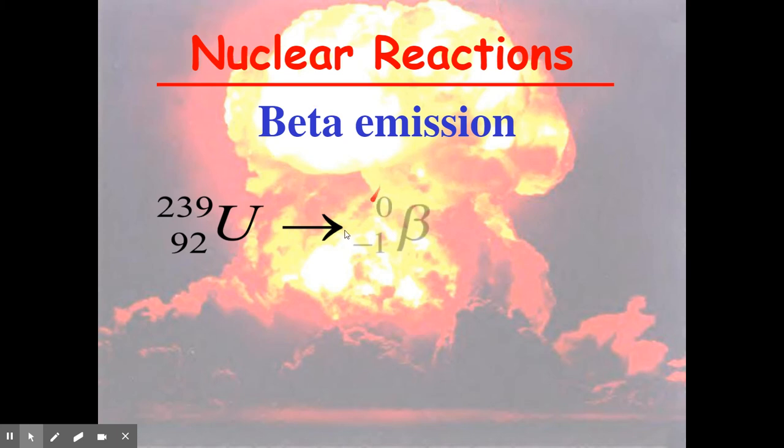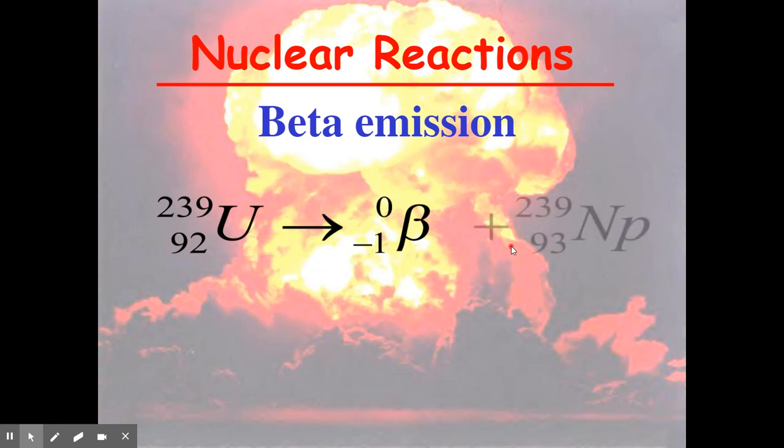So that means it's going to be 0 over -1 beta. You can put it either way if you want. Now we want to figure out what is the missing particle here. What plus 0 equals 239? That's pretty easy. It's 239. Now here, because this is a -1, what plus a -1 equals 92? A lot of people jump at 91, but 91 plus a -1 is really 90.